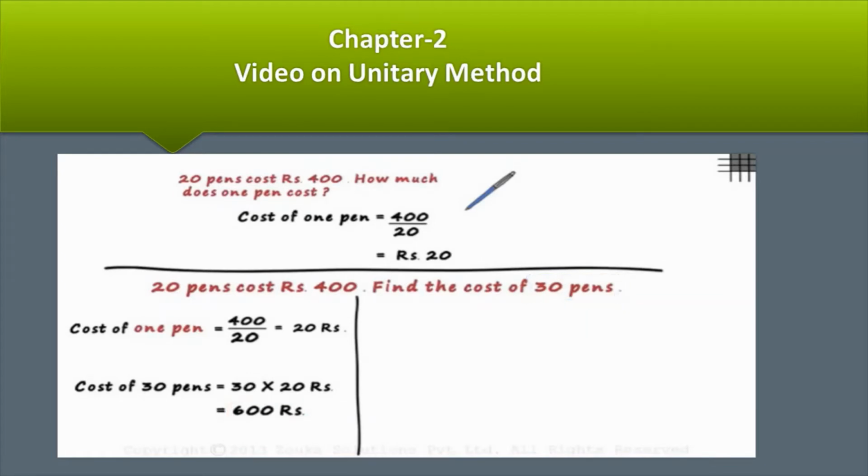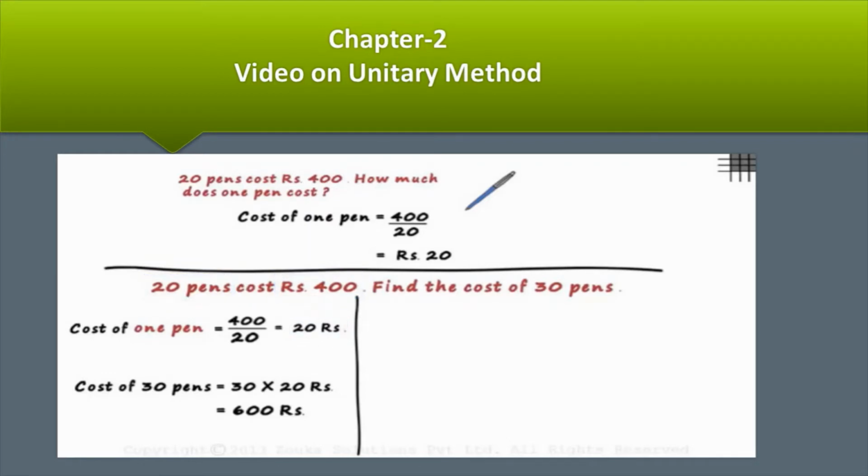Let's analyze what we just did. We were given the cost of a set of pens, and we were asked to find the cost of another set of pens. Here we are given the total cost of 20 pens. We have been asked to find the cost of 30 pens. To find the total cost of 30 pens, we first found out the cost of 1 pen using this information.